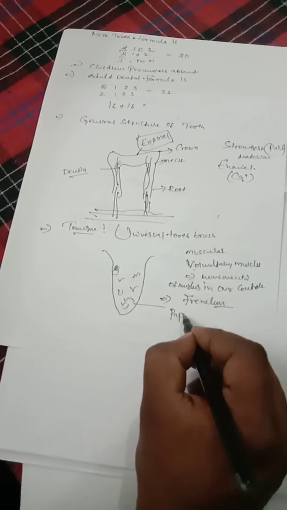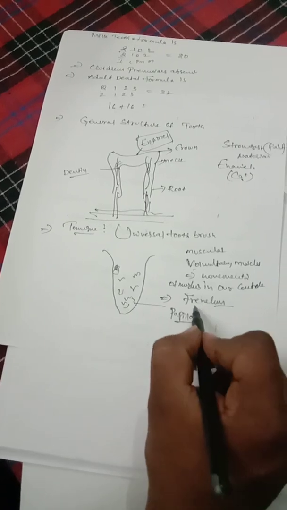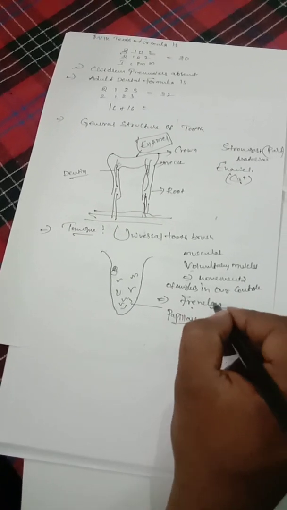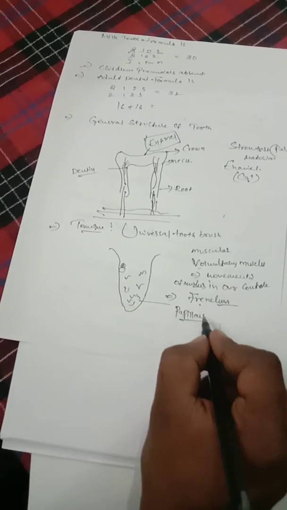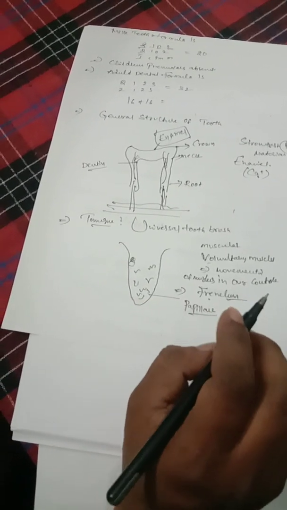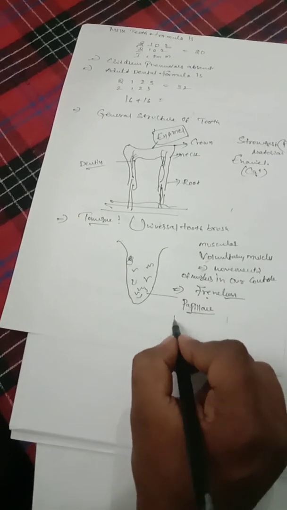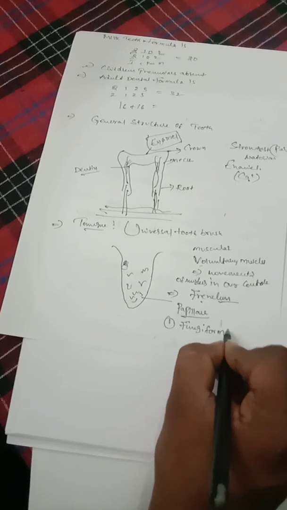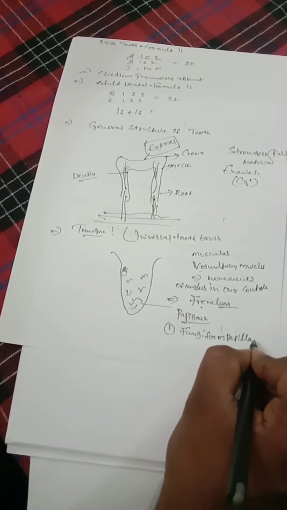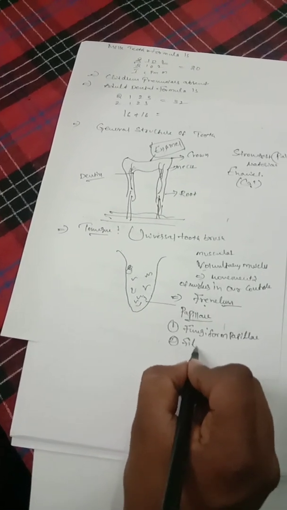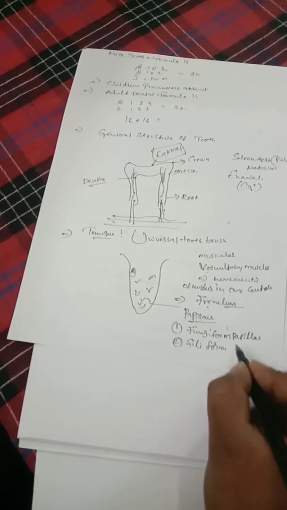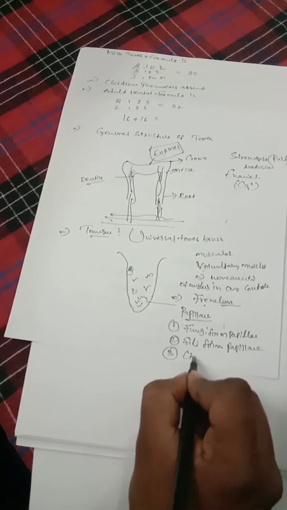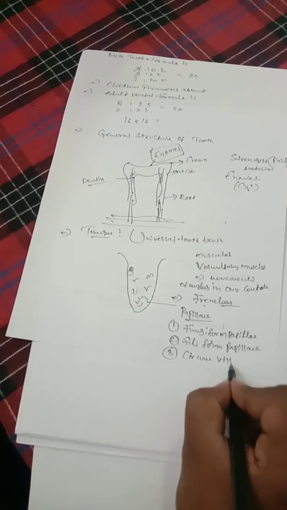Those are called papillae. The frenulum is a tissue which helps the fixation of the tongue in the buccal cavity, and on the tongue different types of papillae are there: mainly fungiform papillae, number two filiform papillae, and third circumvallate papillae.